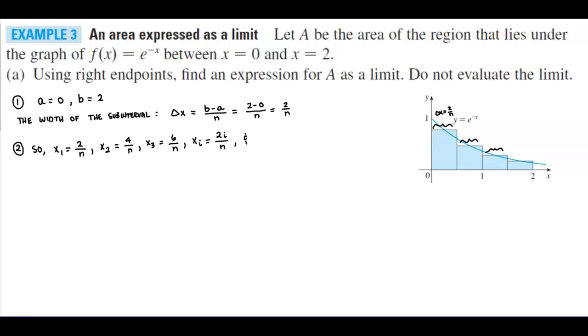And we can say that x subscript n is going to equal 2n divided by n.